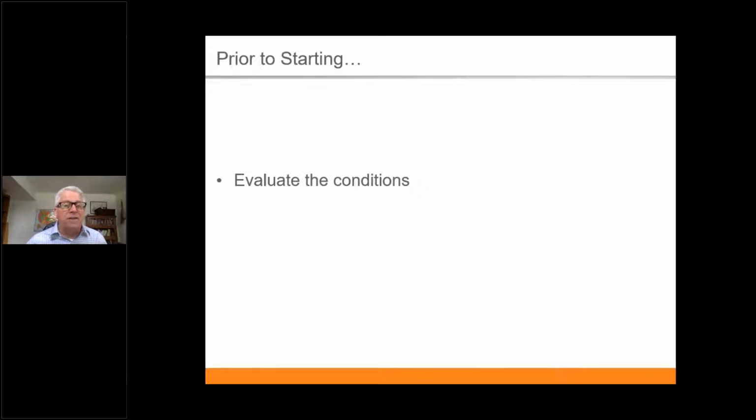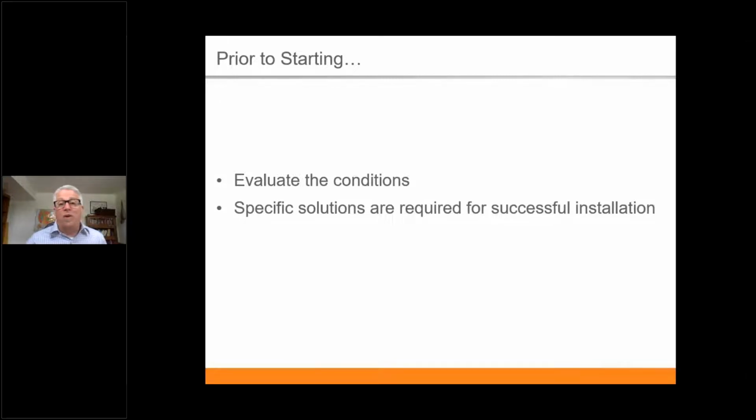We have to do everything exactly to plan, and we do need to follow those. And there isn't any one size fits all. A lot of times we're going to have to look at these very specifically for that particular job site, for that project.